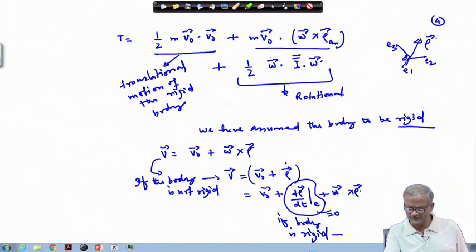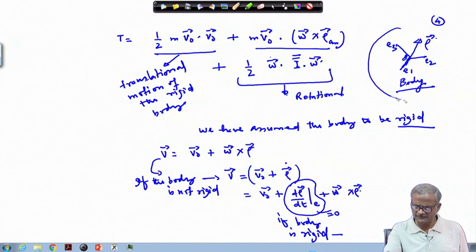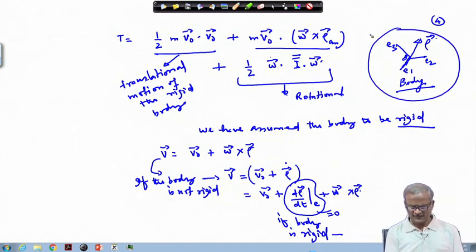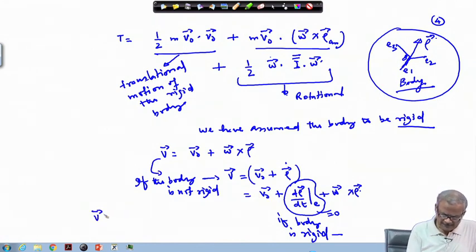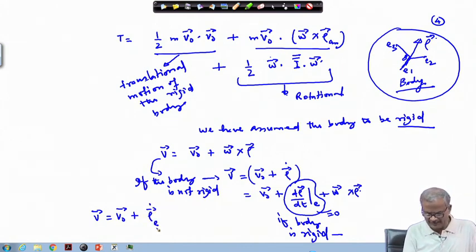This is O here, and this is your body frame. Hardly will we get any chance to discuss this complicated case. If you are willing to introduce this also, use this whole term. So, you can write V equal to V 0 plus rho dot with respect to E, indicating this is with respect to E, and then omega cross rho.